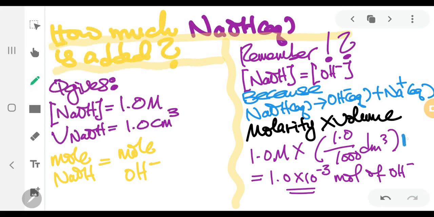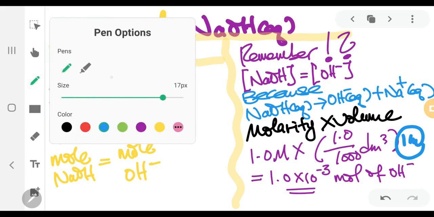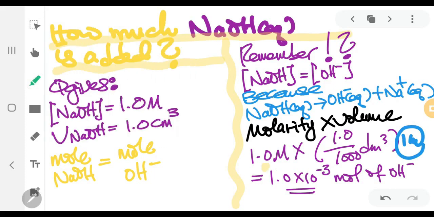So with that, you get another 1 mark. Again, do remember, this one is going to be a very important piece of information later. So we're going to take this value of moles of OH minus and put it into your ICF table.